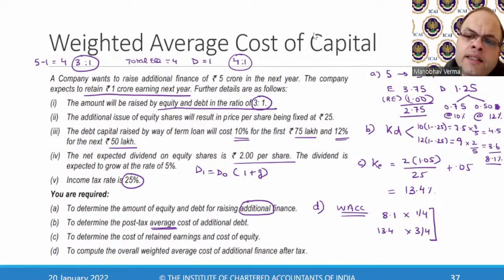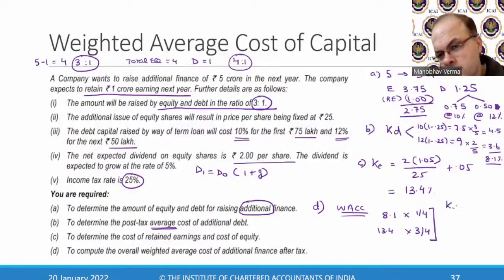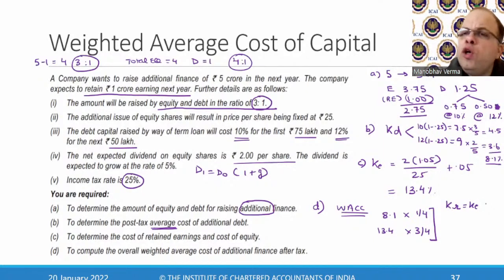Charu, so retained earnings is part of equity itself, na? 3:1, I think you asked the same question or someone else asked the same question. 3:1 includes the retained earnings. And cost of retained earnings is equal to cost of equity. If you want to split it up, you can, but you will get the same answer.